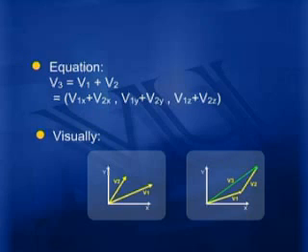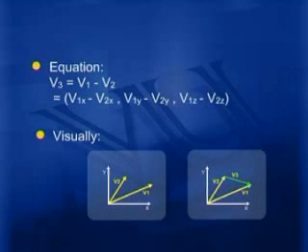And graphically you can see that if we have vectors v1 and v2, their sum is represented as the vector v3, which is appearing in a green line on your screens right now. Right? So we have added two vectors together to form a third vector.